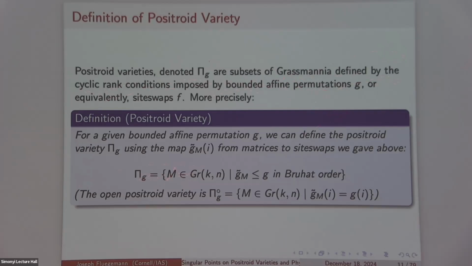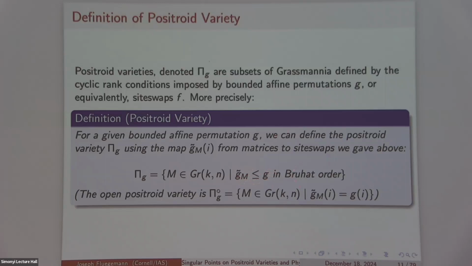Basically, think of every matrix that you can write giving an element of the Grassmannian k n, such that the bounded affine permutation corresponding to the matrix M is less than or equal to G in Bruhat order.